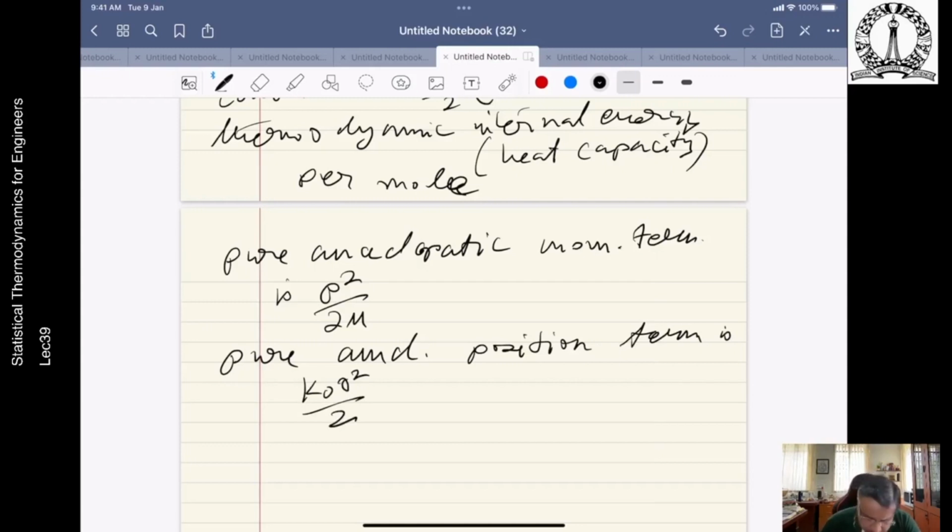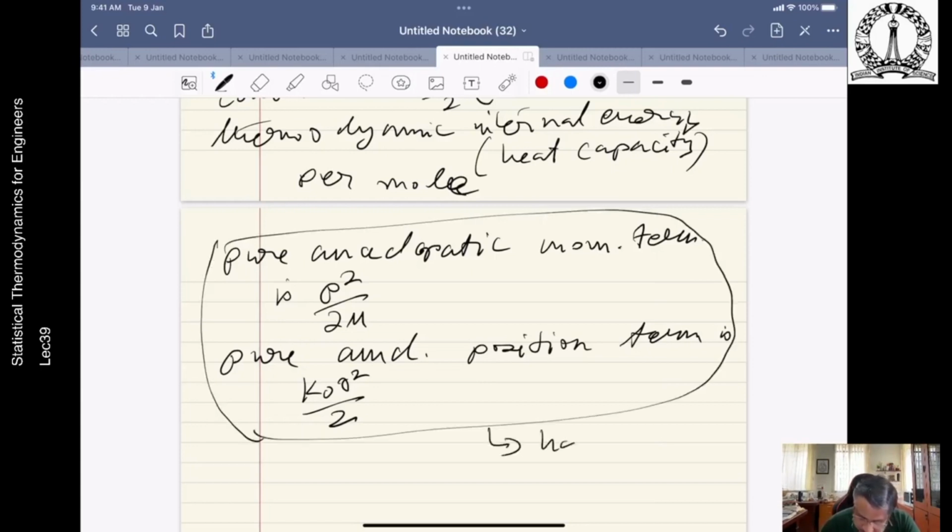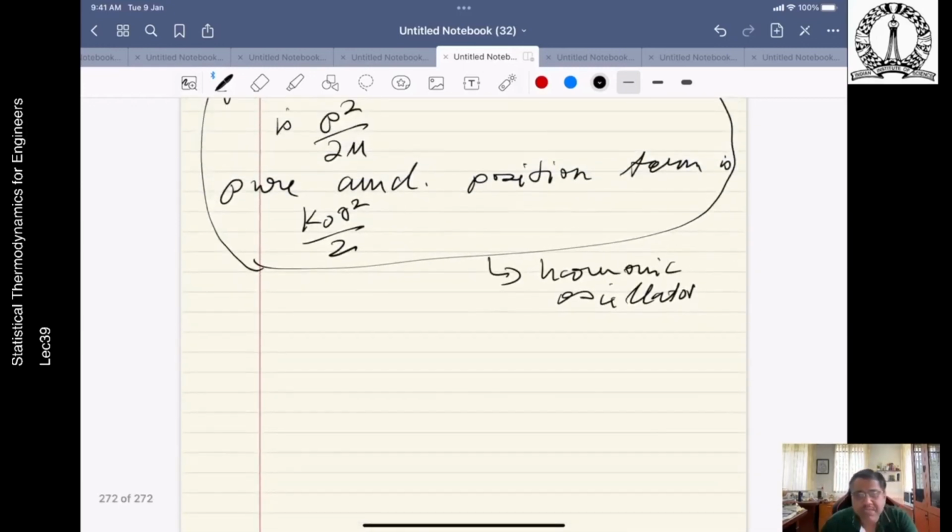This is all making use of the harmonic oscillator, to prove this principle. That is what we have done. Now for the result for a single degree of freedom, there's a little bit of math involved, so you can check that out.